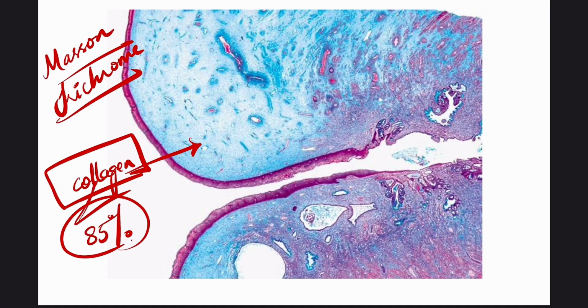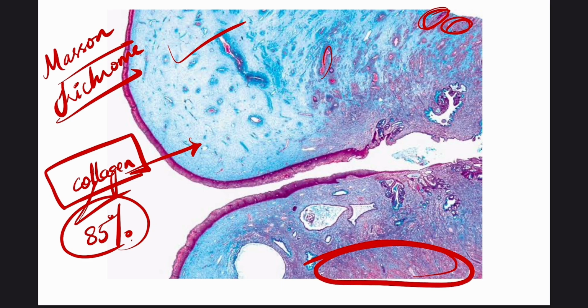The predominant blue stain confirms that it is a fibrous tissue. The reddish pink is the muscular component, which makes up almost 15%. And the epithelium also gives you this pink staining.